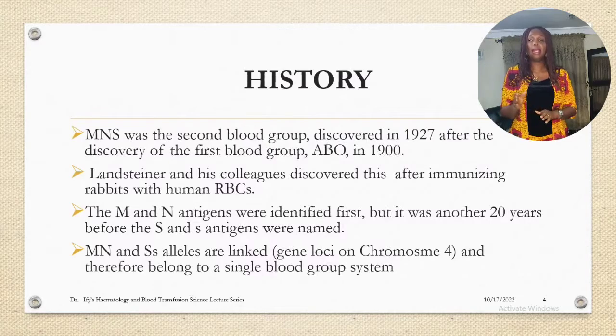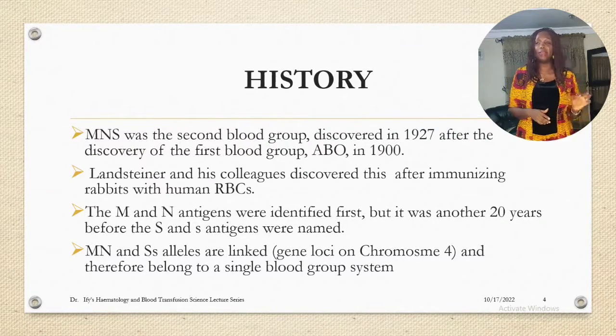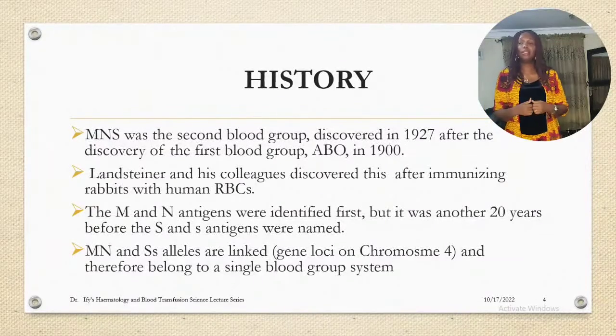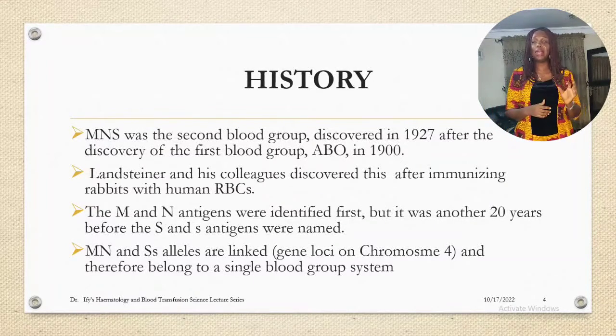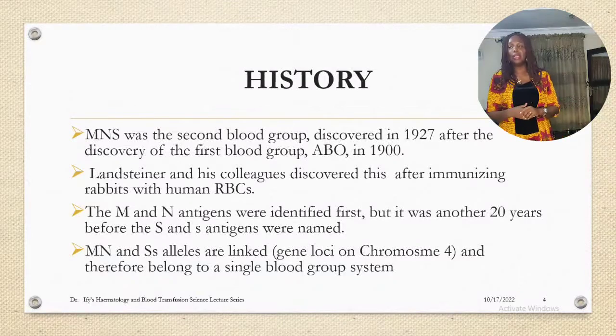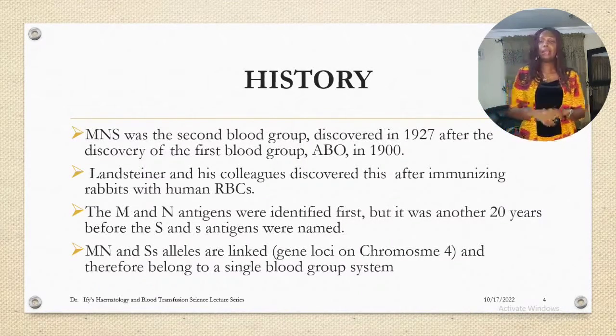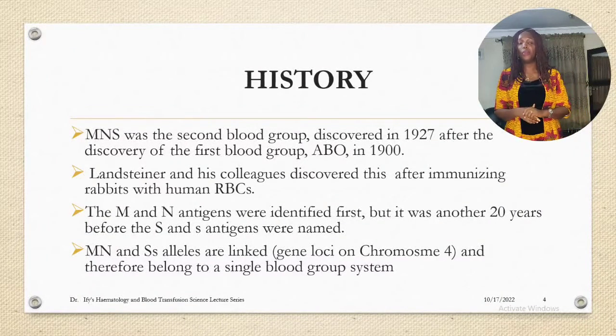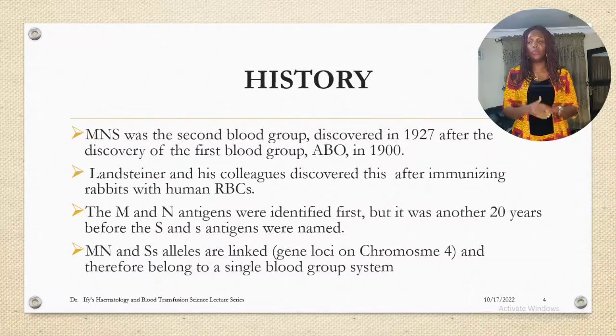The M and N antigens were identified first, but it was another 20 years before the S and little s antigens were named. The MN and S little s alleles are linked on chromosome 4. Therefore, they belong to a single blood group system.